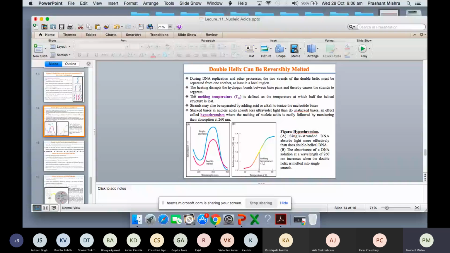Presume that the DNA helix is bound together by covalent bonds, what will happen? It will not be possible to open up the strand and close it down, or to make the double helix into a single strand and again make double-stranded DNA.